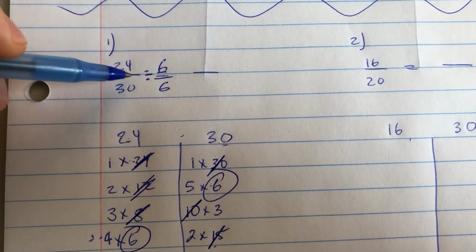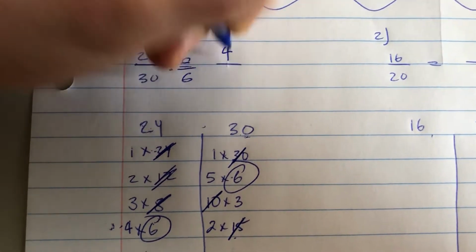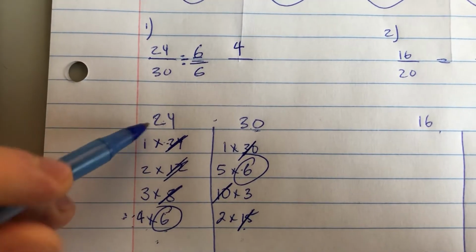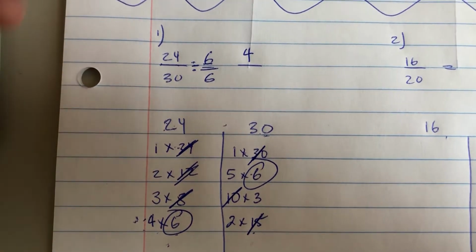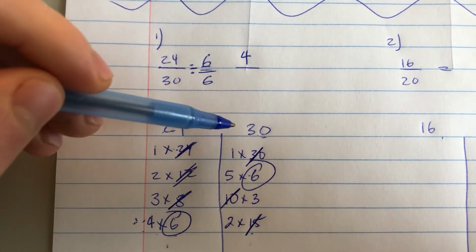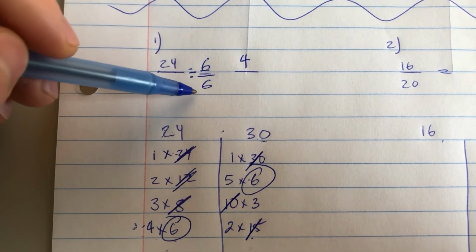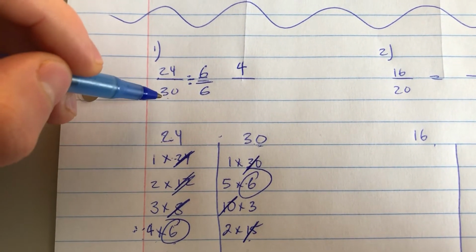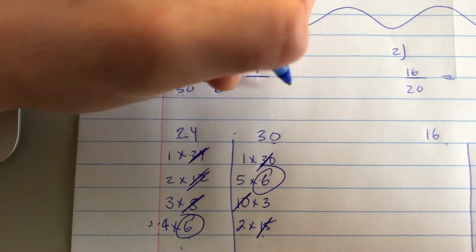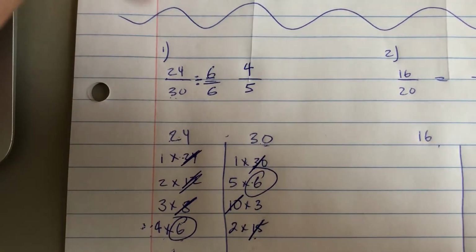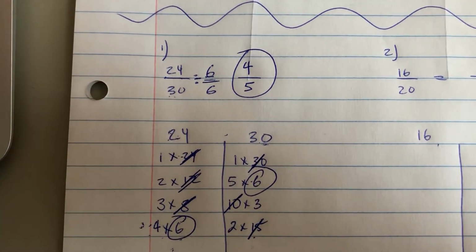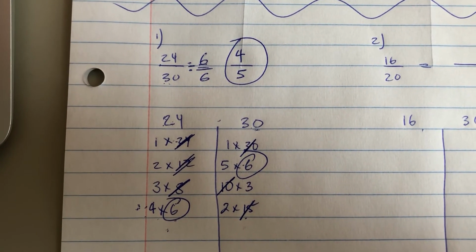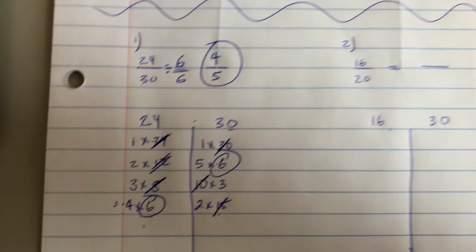I know that 24 divided by 6 equals 4 because 4 times 6 equals 24. Similarly, I can also find what 30 divided by 6 equals because I know 6 times 5 equals 30. So 30 divided by 6 equals 5. And I have reduced my fraction, 24 30ths, to 4 fifths.